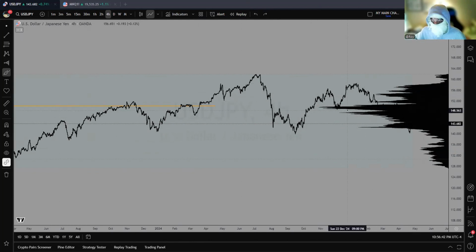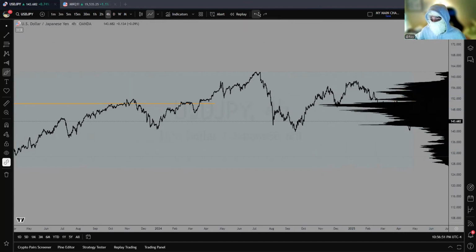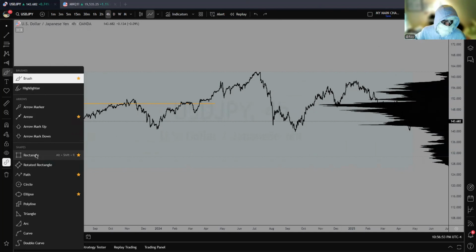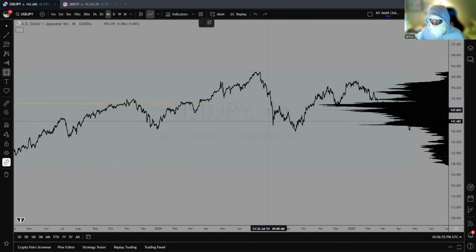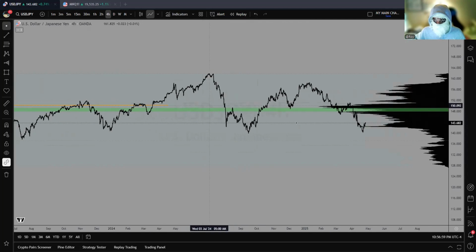Now these areas where it creates these indents, that's where I want to be looking for my buys or sells along that area. Seeing that, we already see a major zone right along here, and you'll see price will literally tap it and then shoot up.